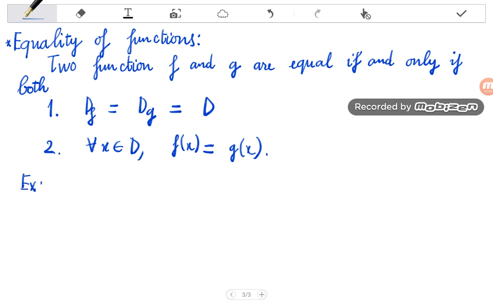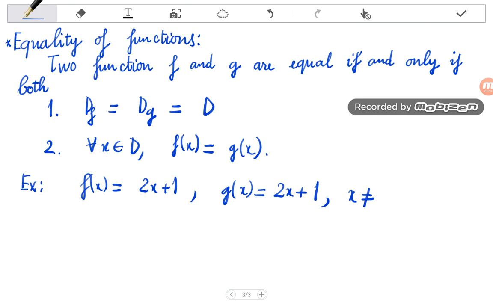Continue. We will consider a simple example. We have the function f(x) equals 2x plus 1. And we have the function g(x) equals 2x plus 1, but it is defined for all numbers x which are not equal to 1.